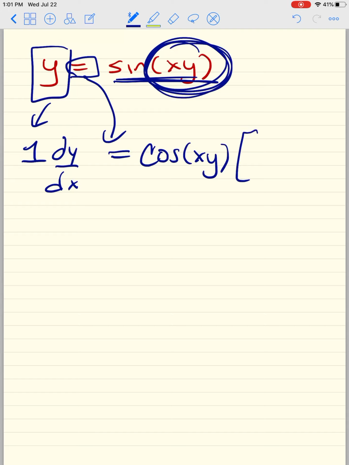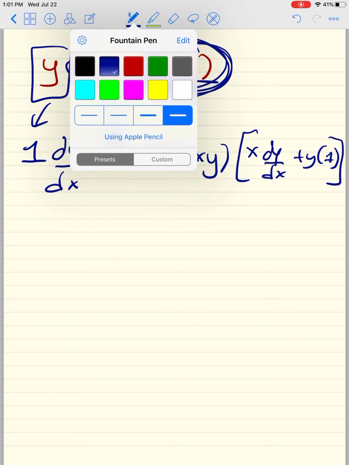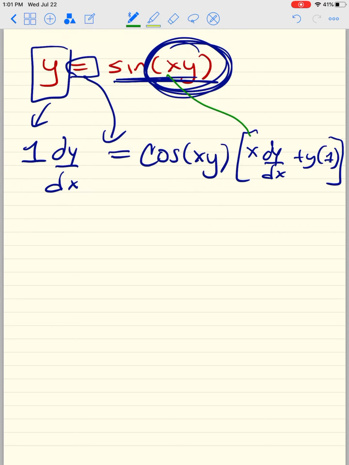Derivative of x times y, it's a product rule. So it's x dy dx plus y times 1, because we keep the first, take the derivative of the second, plus keep the second, times the derivative of the first. So that's what we do here.